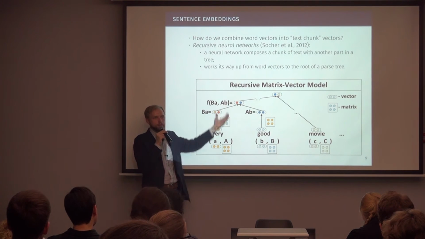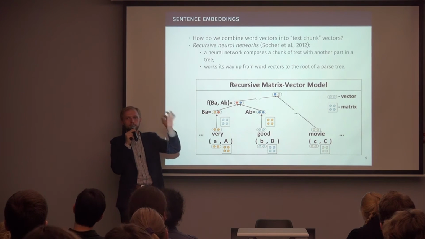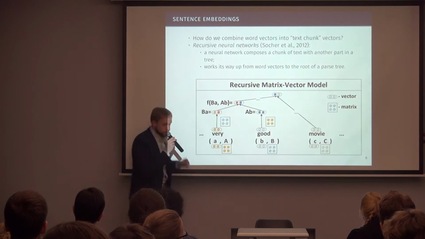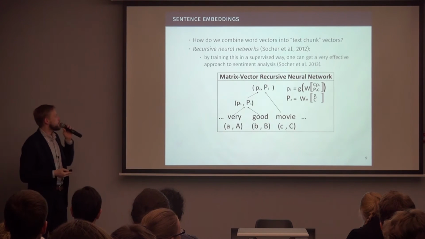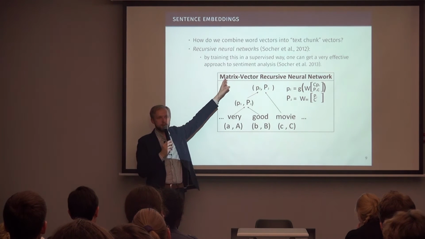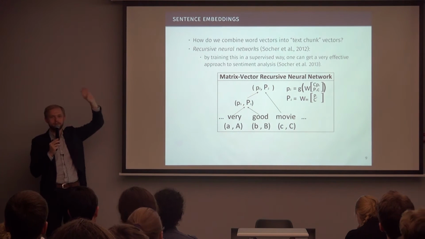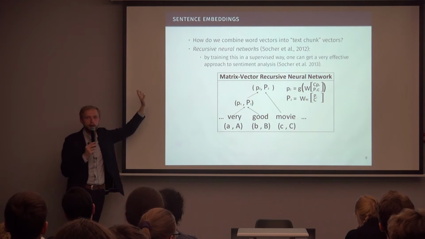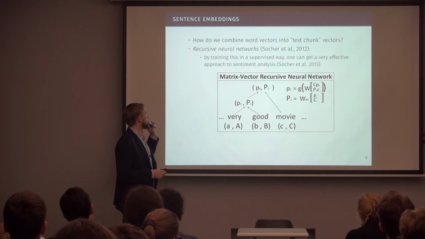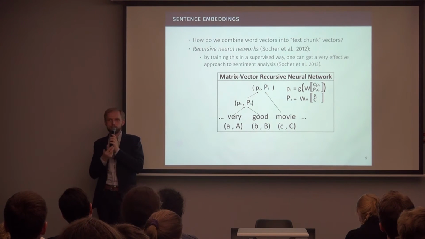It's called recursive because you apply this recursively for the tree, and you get a single unified representation at the root. This idea was proposed by Socher and in a lot of works dating back to 2012, which is ancient history by the standards of deep learning.